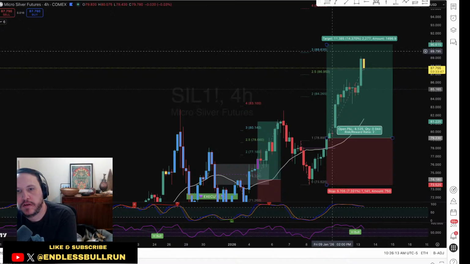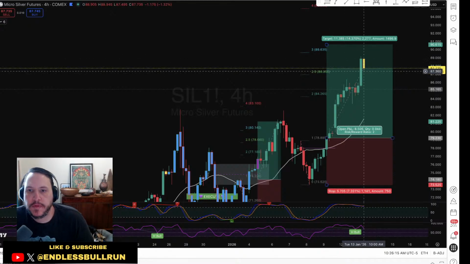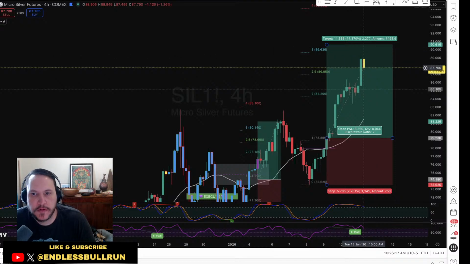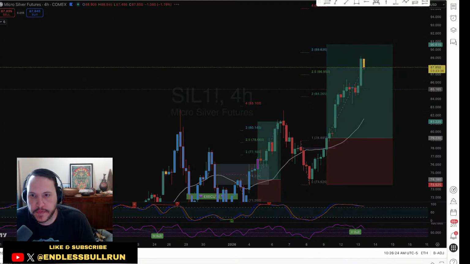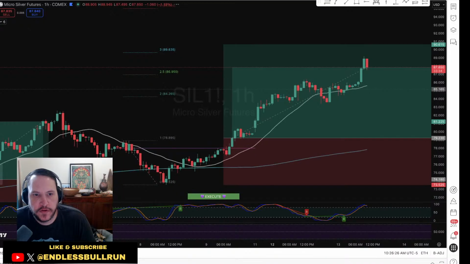This is retracing a lot deeper than I would like to. I don't mind it though, as long as the hour doesn't break structure here.